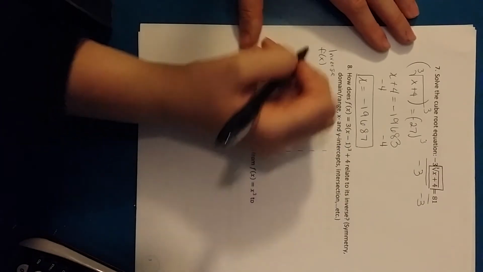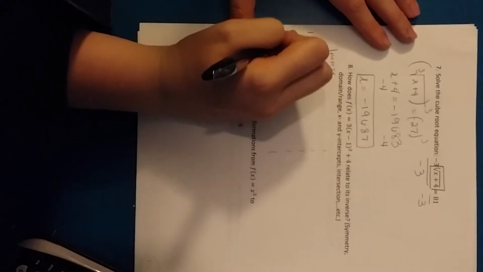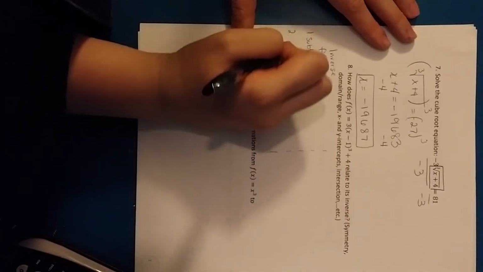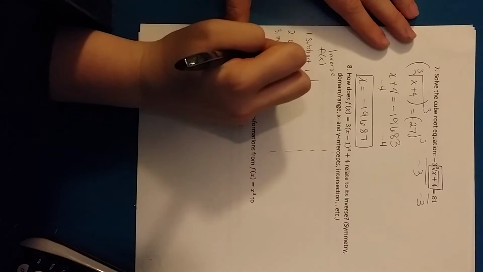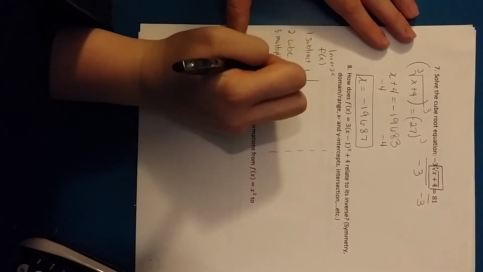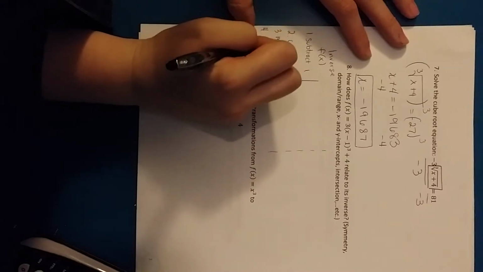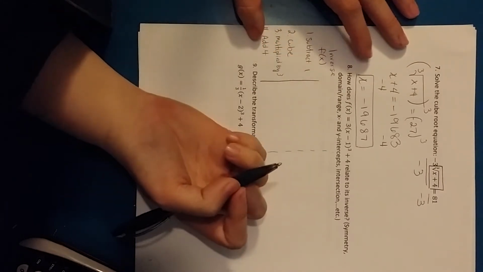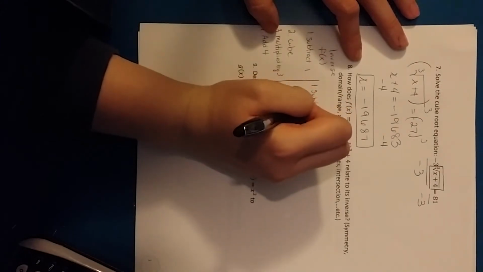First thing I did to x was subtract 1. Then I cubed. Then I multiplied by 3. Then I added 4. So for the inverse, I'm going to subtract 4.